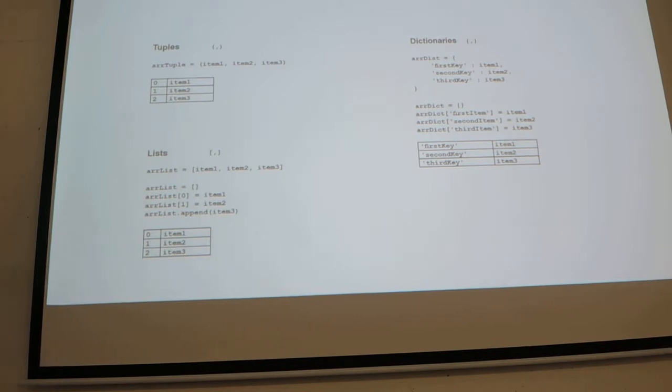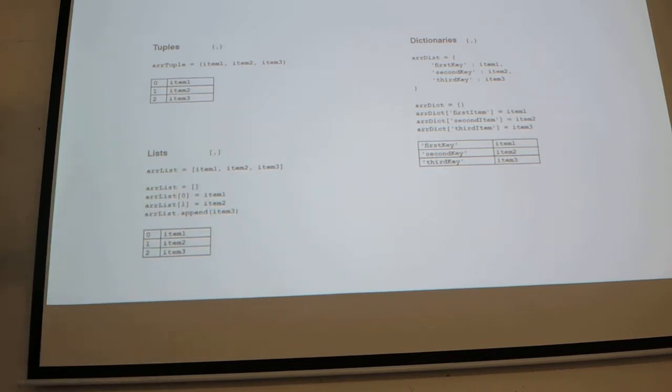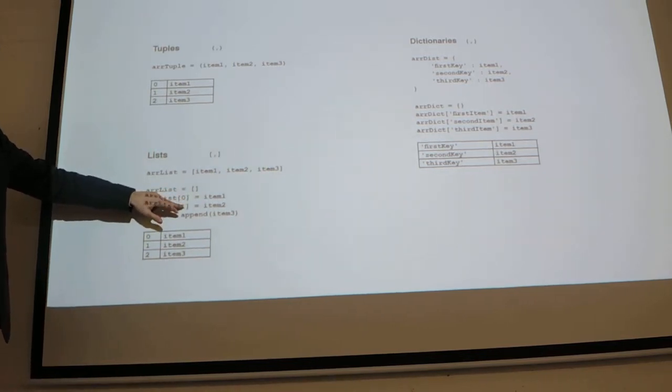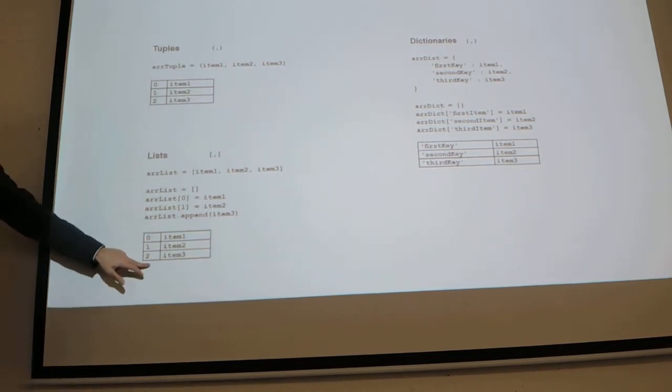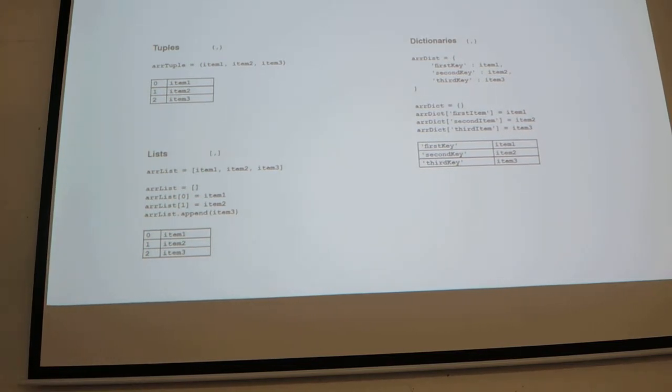We can say print array list index 0, and we would get item 1 back. So hopefully this should be fairly simple. Again, you must remember that all lists are accessed via their indexes. Lists are ordered lists. They start at 0 and go upwards.